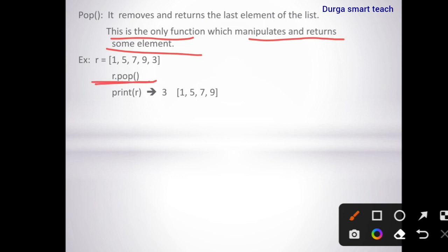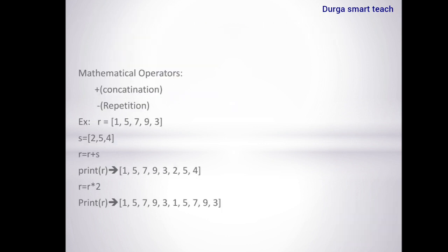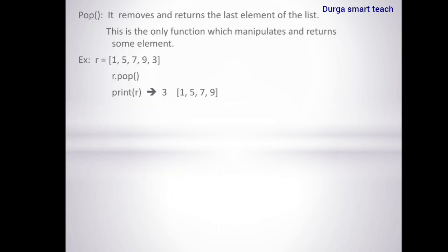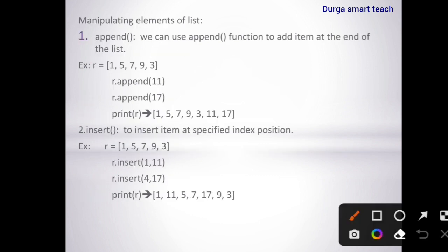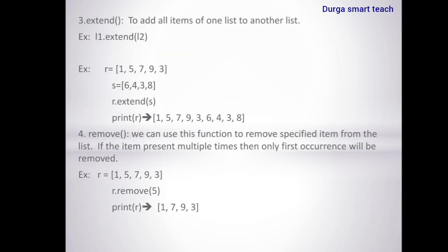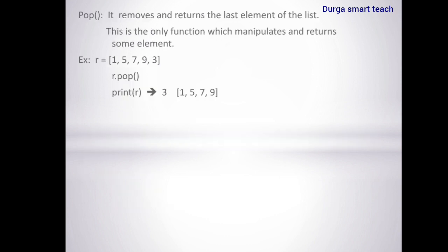I am popping out one element, and that element is 3. After that, 1, 5, 7, 9 are the remaining elements in the list. So the manipulating functions are append, insert, extend, remove and pop.